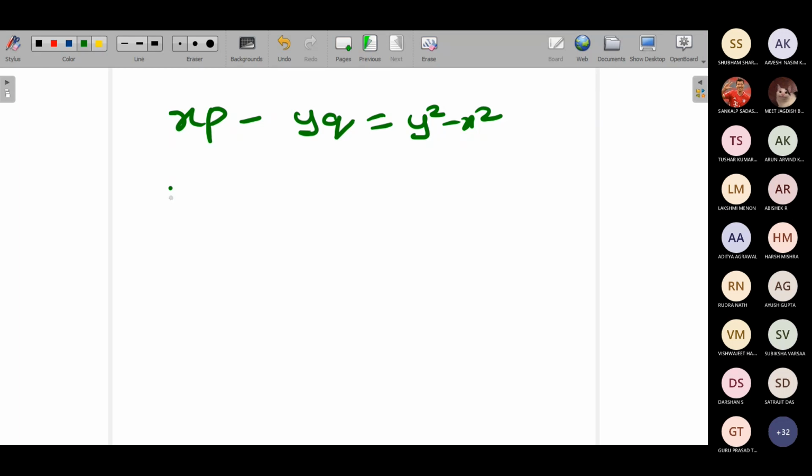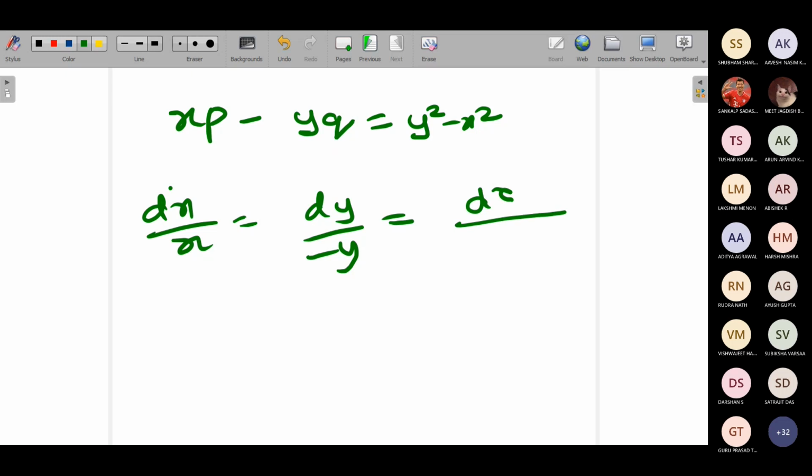So what will be your auxiliary equation? dx by x is equals to dy by minus y is equals to dz by y square minus x square. So when you take the first two terms, it will be simple. You'll get dx by x is equals to minus dy by y.